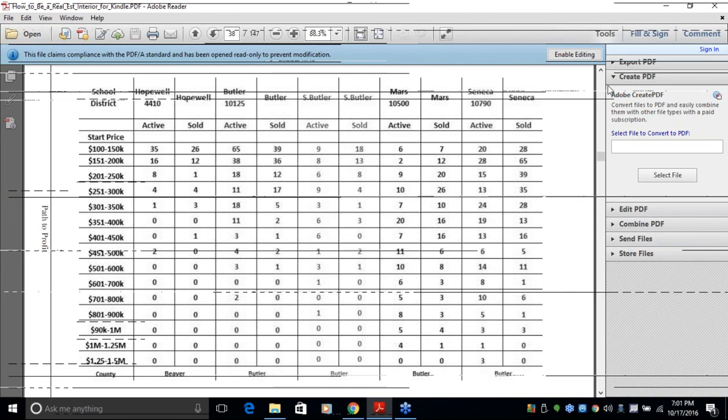The next step is to go to zipcodes.com. It's zip-codes.com.